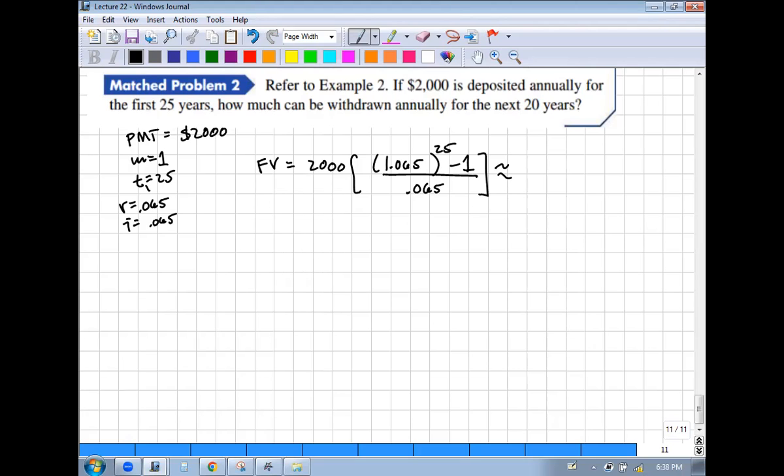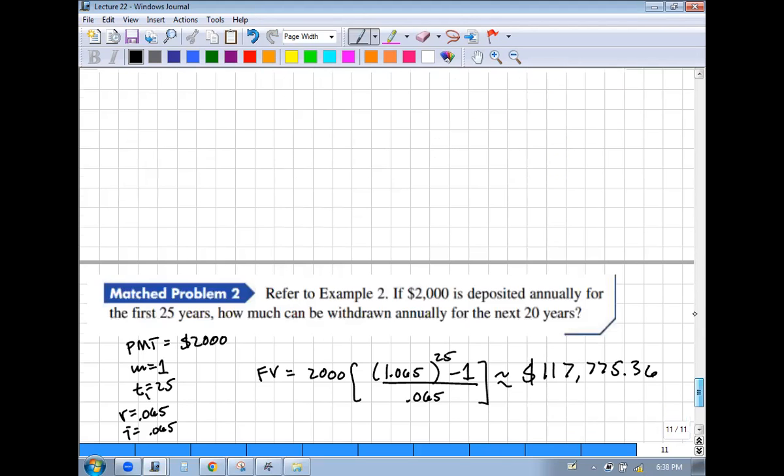You can actually solve it mathematically. 1.065 to the 25th power minus 1, and then divide by 0.065 equals 117,775 and 36 cents. So that's how much you'd have in 25 years, right? How much can be withdrawn annually for the next 20 years? So now we need to use this formula.